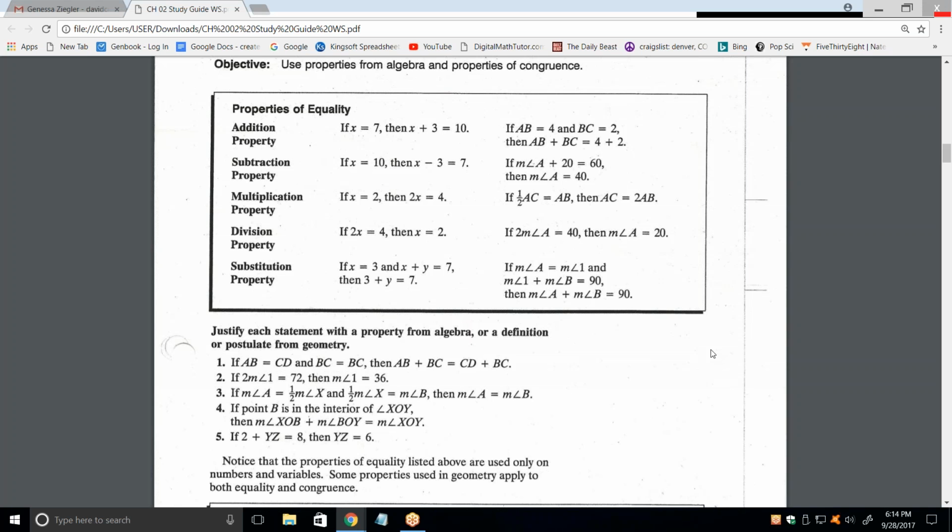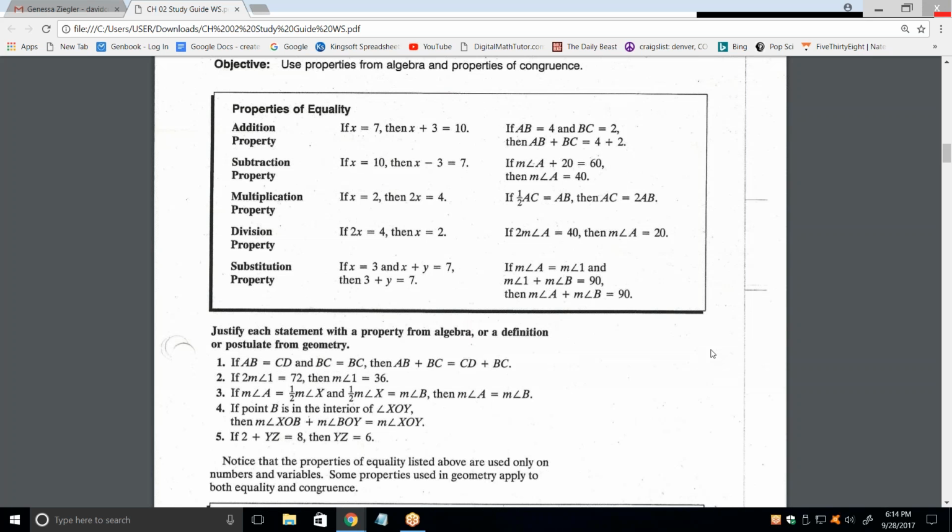In other words, in place of 1/2 the measurement of angle X, we're going to substitute the measurement of angle B. That's how we know that the measurement of A is equal to the measurement of B, because they are both equal to 1/2 the measurement of angle X. Okay.